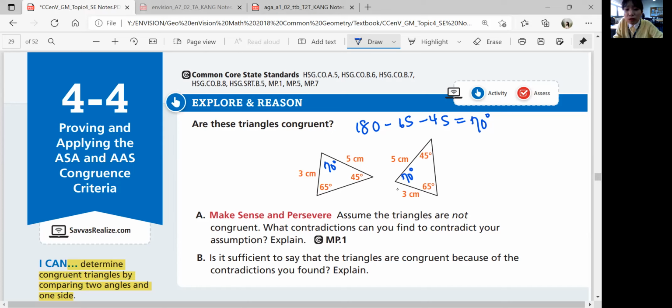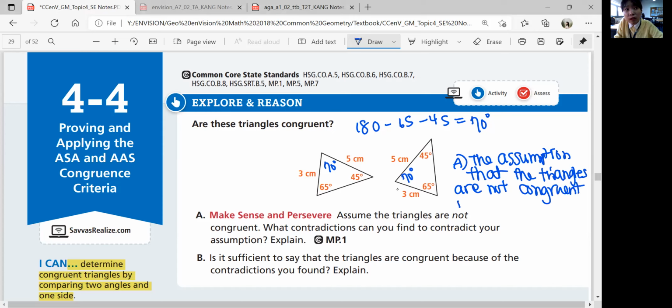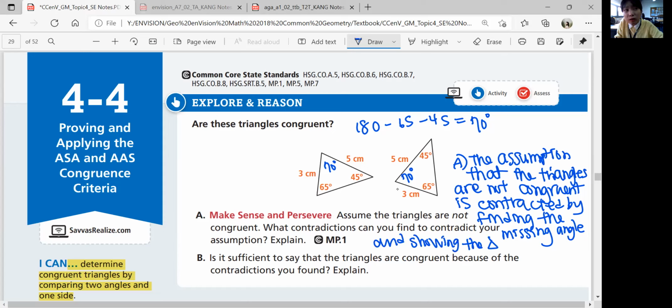So how? You can say the assumption that the triangles are not congruent is contradicted by finding the missing angle and showing the triangles are congruent by SAS theorem.